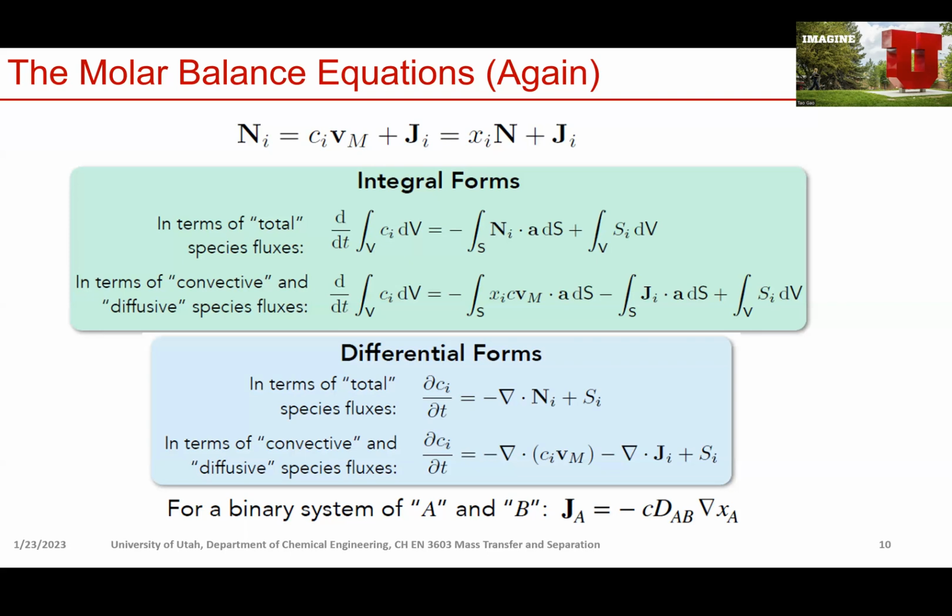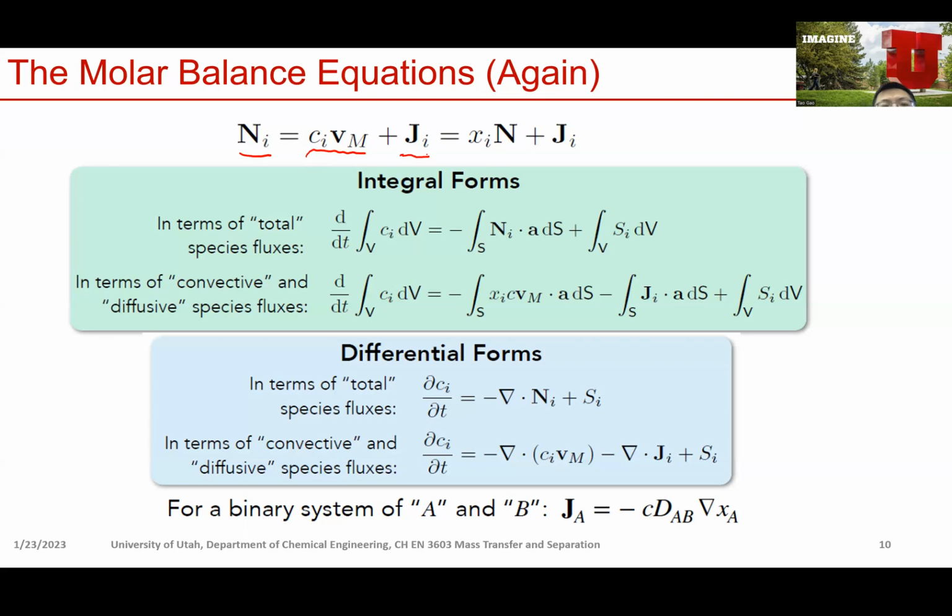Okay, then we were able to derive the total mole flux. Mathematically it can be written in two components. One is due to the bulk fluid motion, which is proportional to the concentration of the species and the average velocity here, the molar average velocity of the fluid, plus the diffusion term, right?